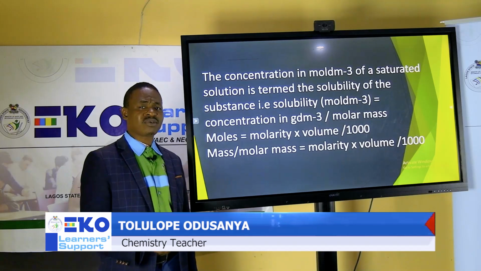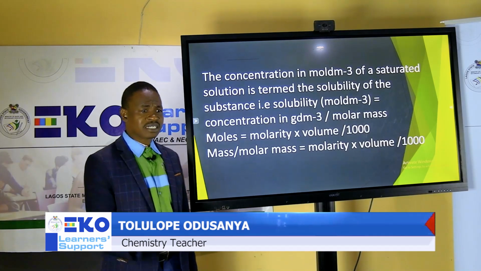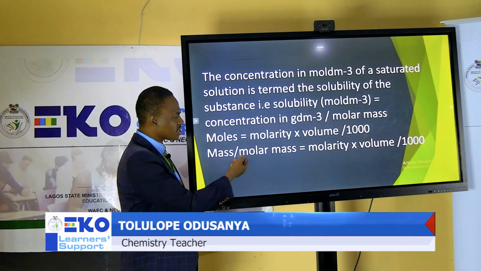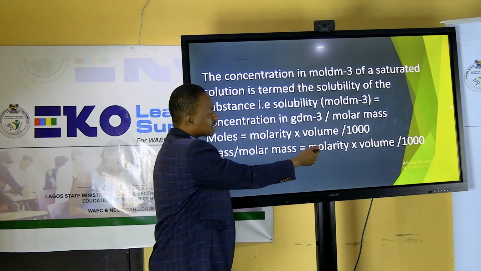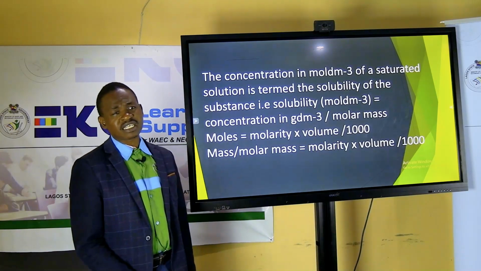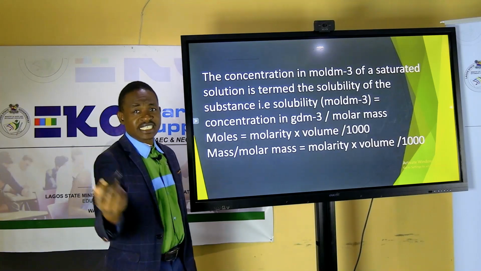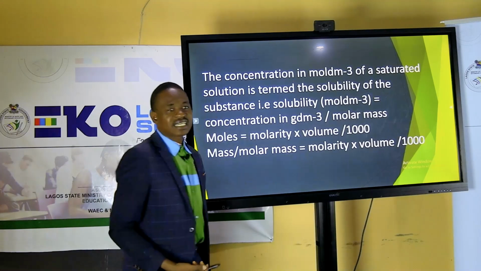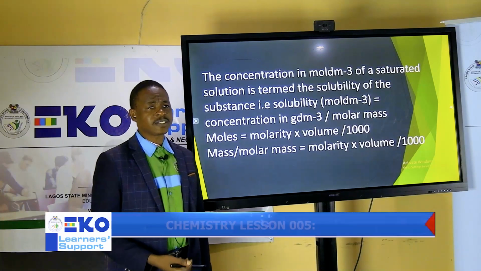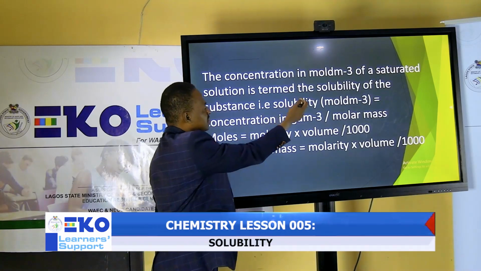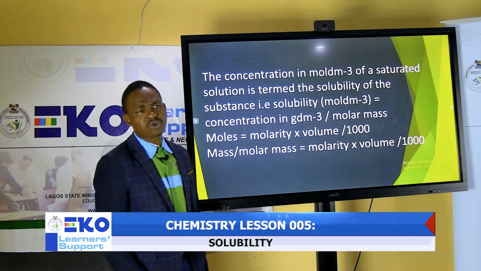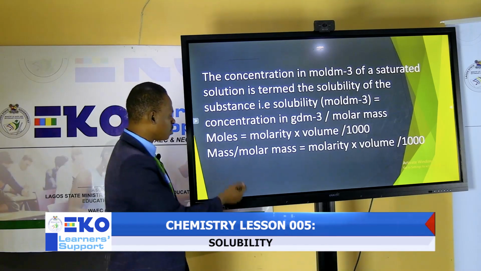So mole can be replaced by mass over molar mass, and that will equal molarity times volume divided by 1000. So in this case, molarity can be your solubility. Because I told you earlier that the molarity is the solubility in mole per dm cube. Fine.